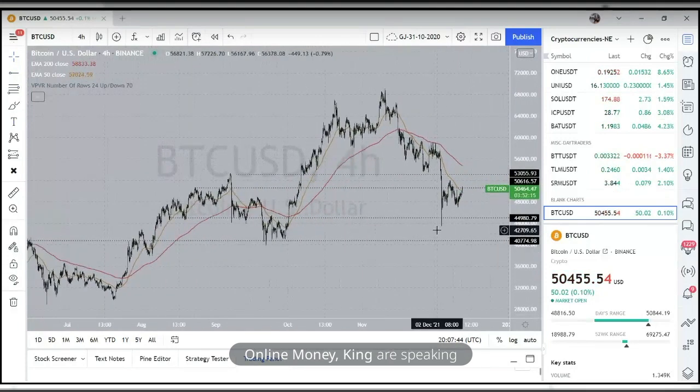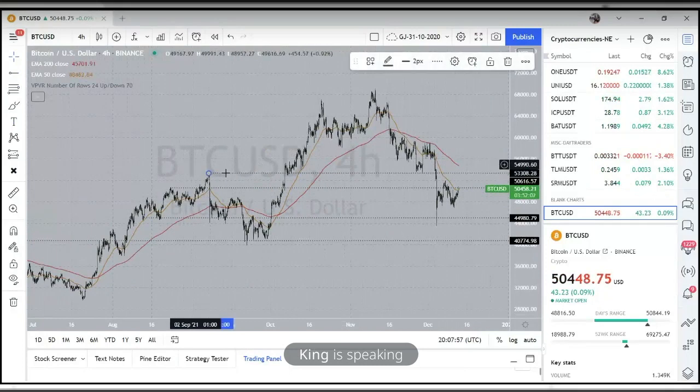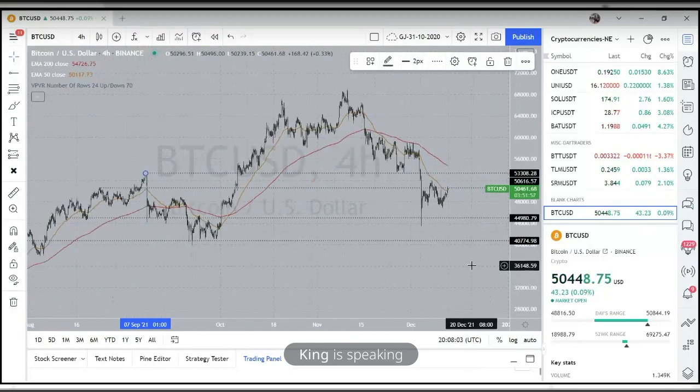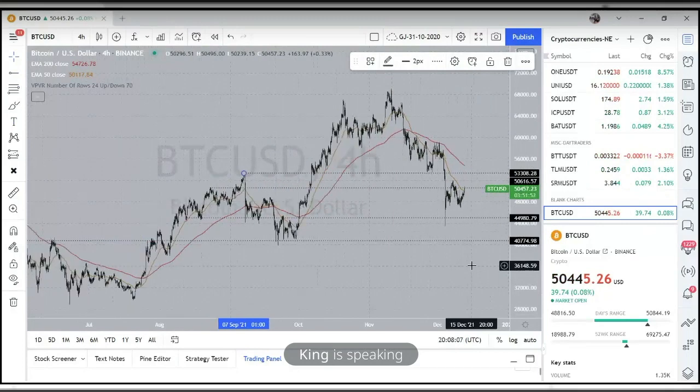So if you're looking at previous levels further back, then you have an idea of where price could be trading to before it retraces, before it makes a bounce, or there's some sort of reaction in the market. Okay. Yeah, I see what you're saying.